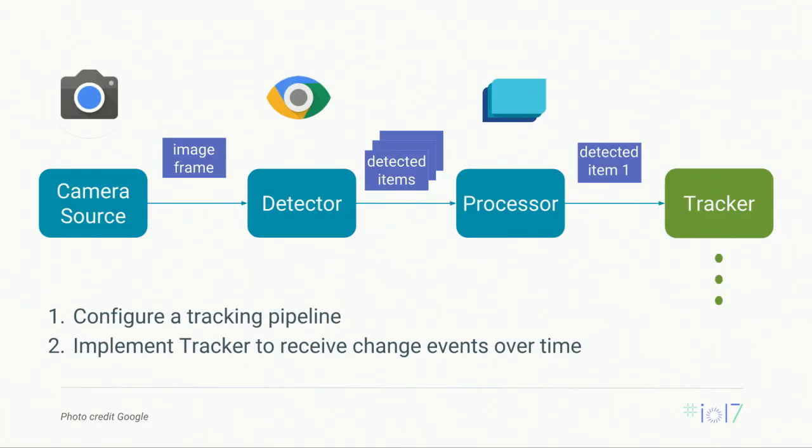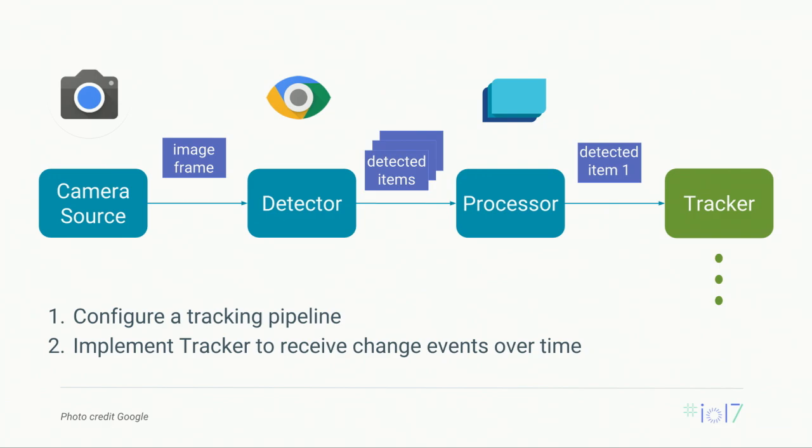This is what a pipeline looks like. The camera source, which uses the camera API internally, streams the camera frames to the detector. The detector then runs the detection algorithm to generate detection results. After that, it hands over the detection results to a processor.